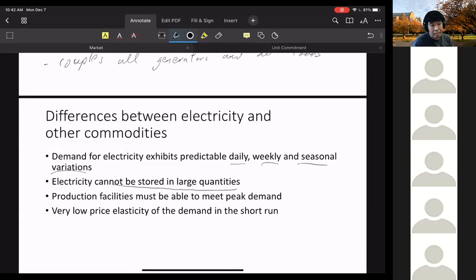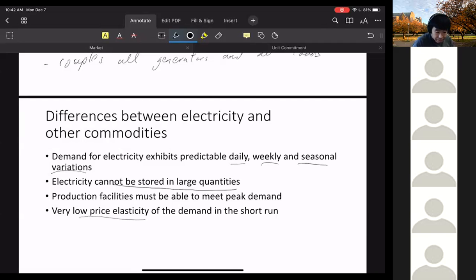But electricity, there's no easy way to store in large quantities. So we must always meet demand, and there's very low price elasticity for the demand.